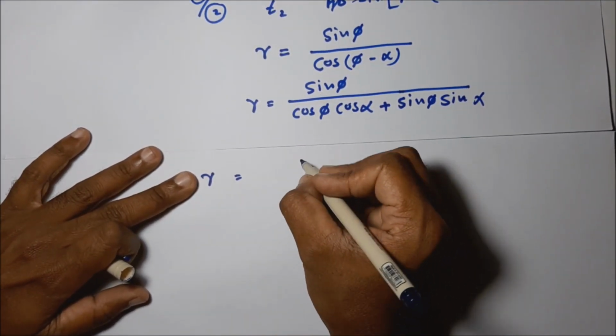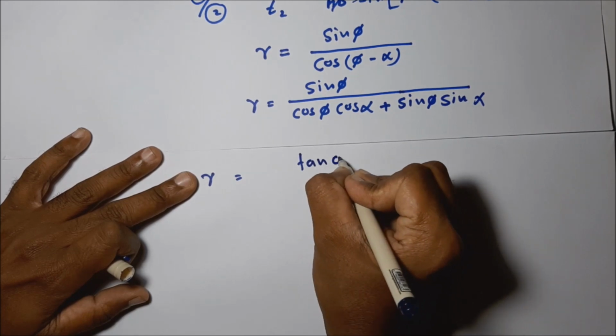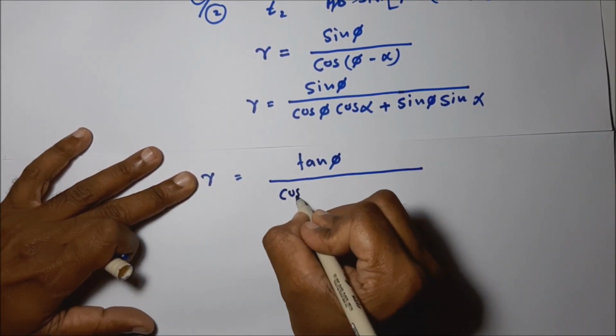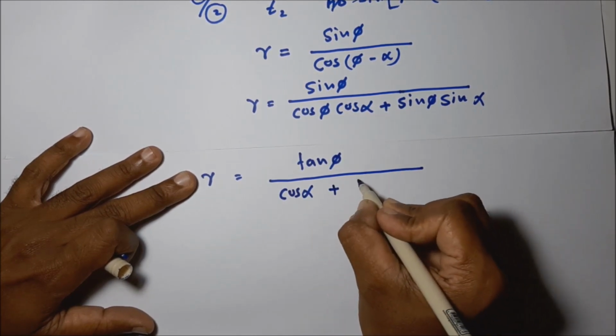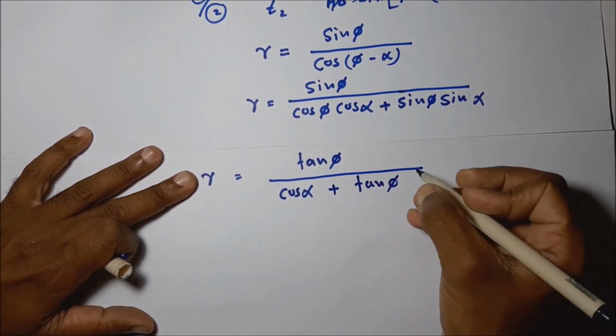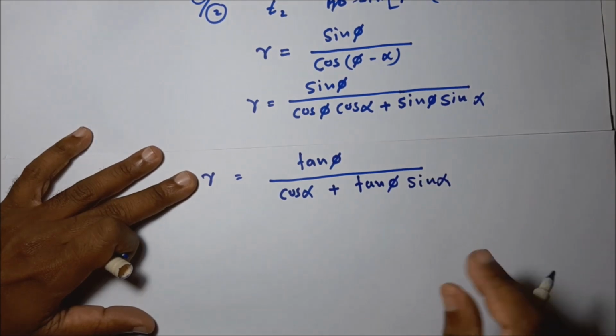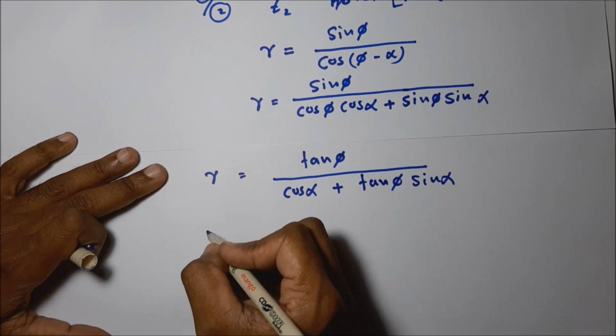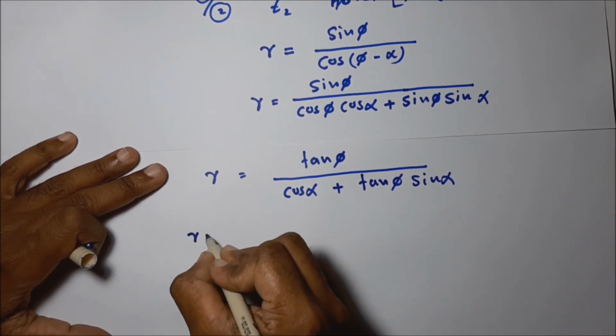Then by dividing by cos phi we get tan phi divided by cos alpha plus tan phi sin alpha.